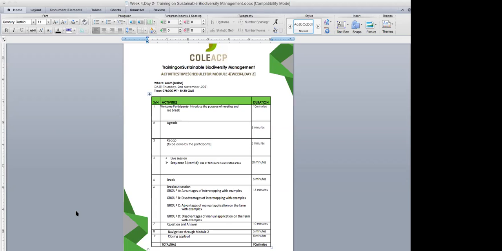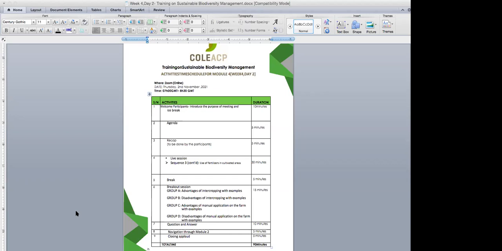After the quick recap, we have the continuation of sequence 3, which was use of fertilizer in cultivated areas. Then we go on to have a 5-minute break. After that, depending on the number of people on the live session, we determine if we're going to have a Zoom breakout session, or have each person pick a topic and discuss it with us in 5 minutes.